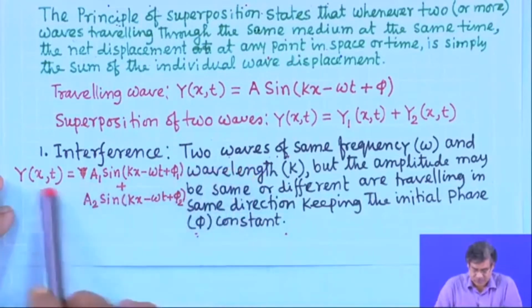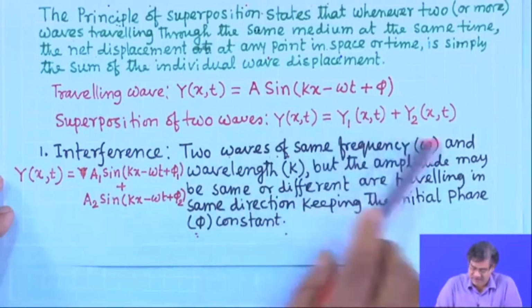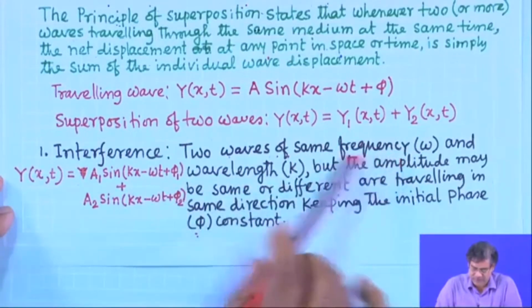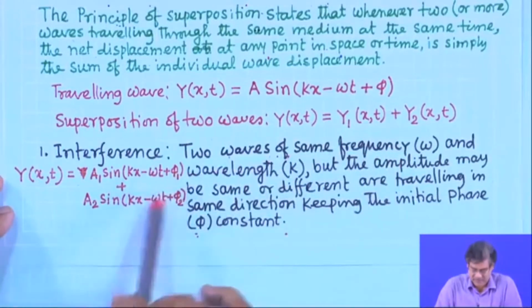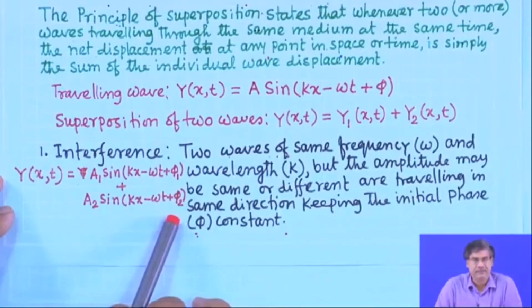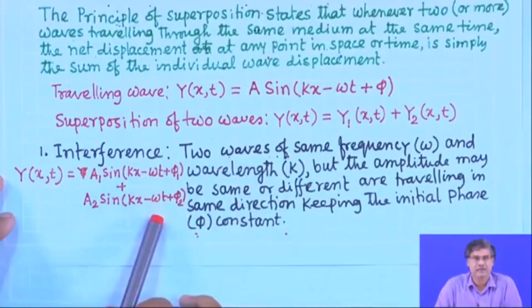Basically, the two waves following this condition have the same frequency and wavelength. So, kx − ωt, they are travelling in the same direction, so both have a negative sign.